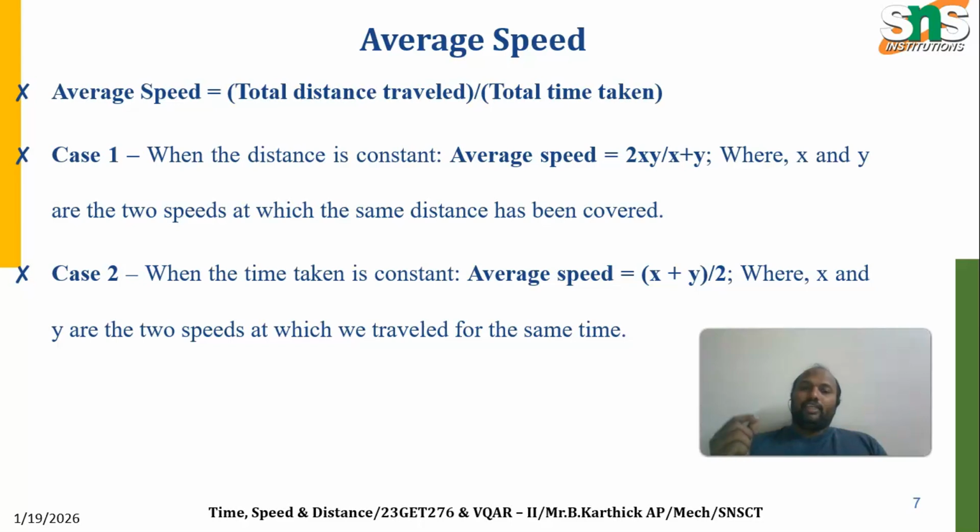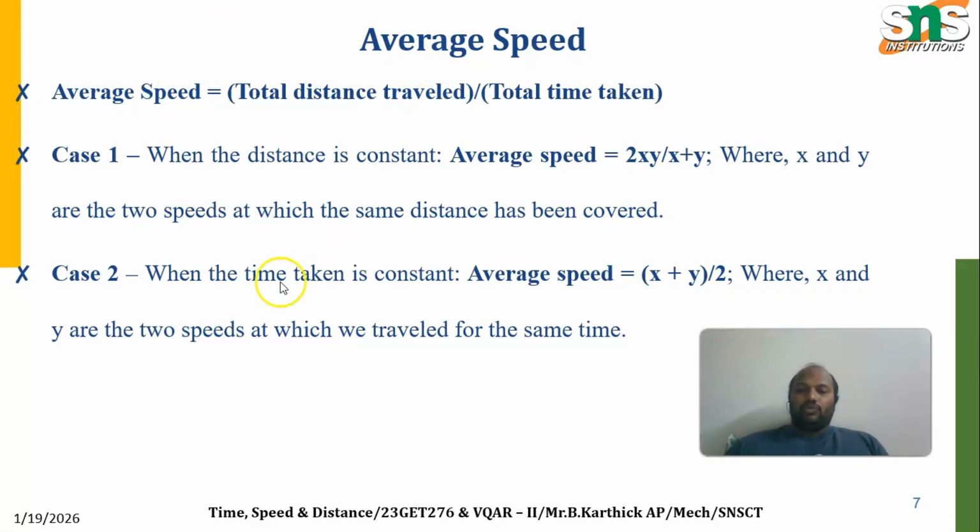If the time is constant, the average speed formula will differ: the average speed is (x plus y) divided by 2. For the first case the distance is constant, for the second the time is constant.